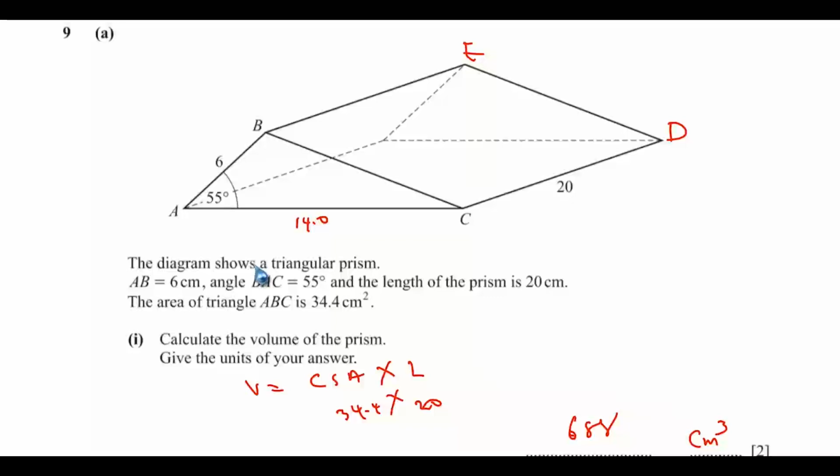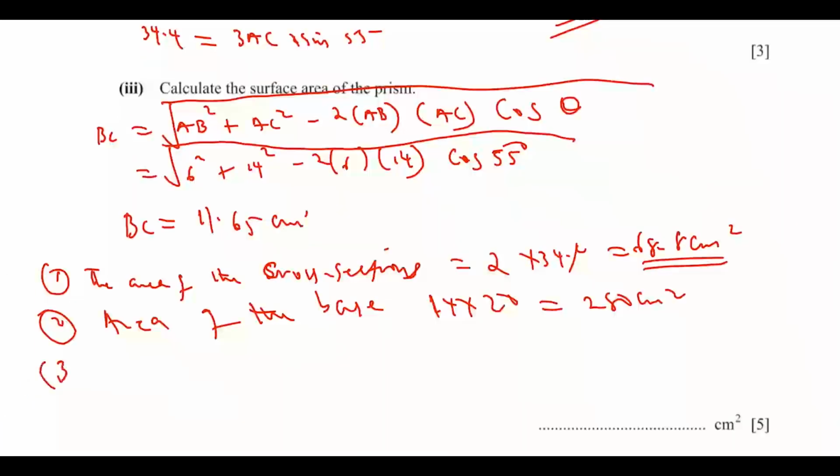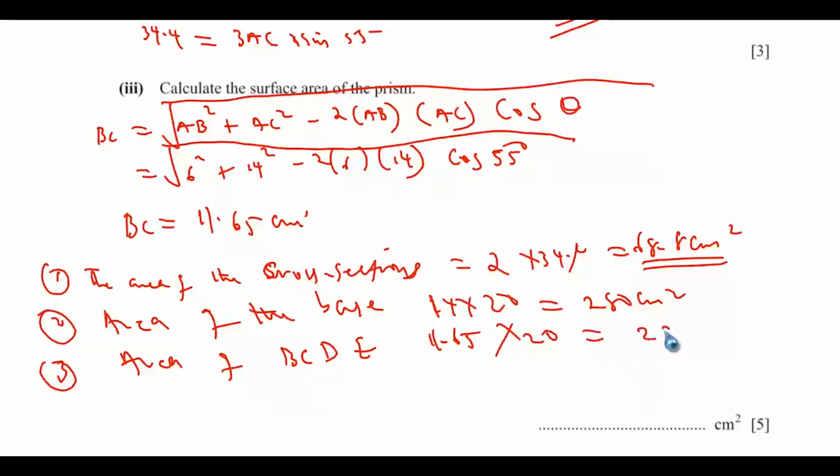So that would be BC times CD. We just found BC to be 11.65, so it will be 11.65 times 20. So the third one is the area of the rectangle BCDE, 11.65 times 20. If you input that into a calculator, you should get 233 centimeters squared.